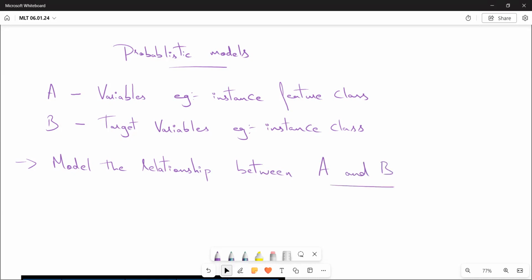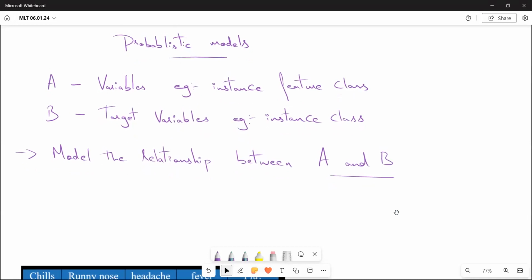How are we going to do it? We are going to do it by representing and manipulating the level of uncertainty with respect to these variables, through probability distribution. I'll repeat it. We have two sets, A and B, where A is your variables and B is your target variables.